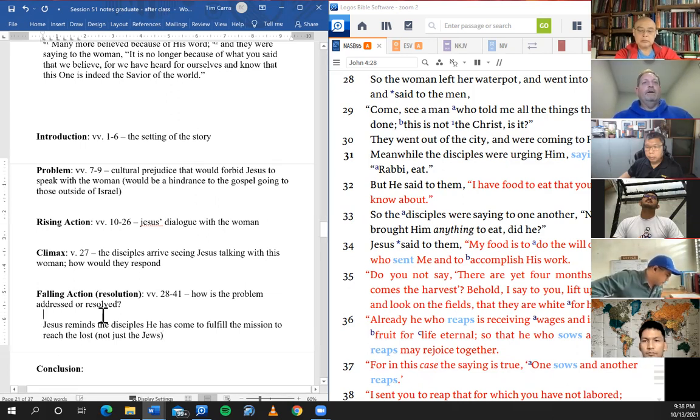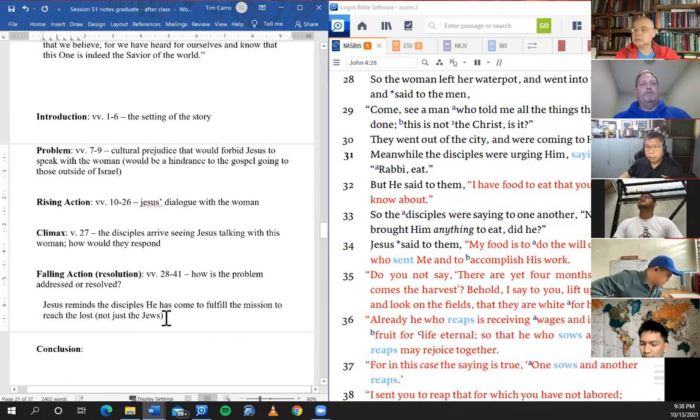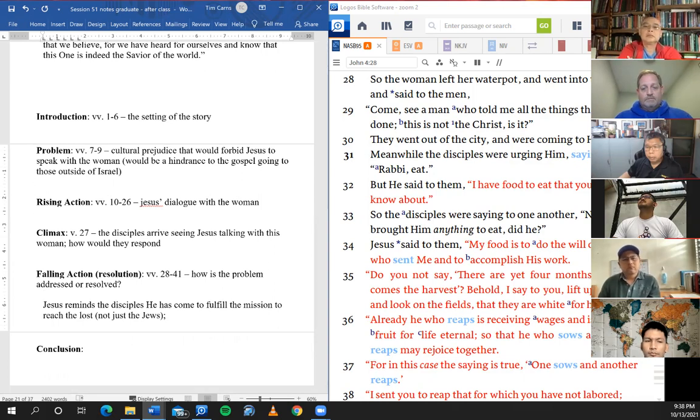Yes, good. He reminds the disciples he has come to fulfill the mission to reach the lost. And we could add what else? That he has sent them to do the same. They are a part of that same mission.